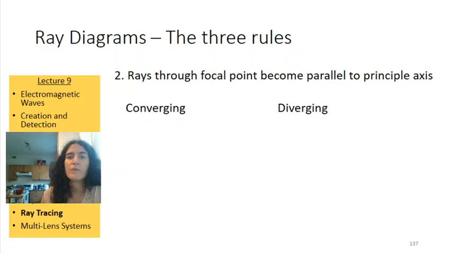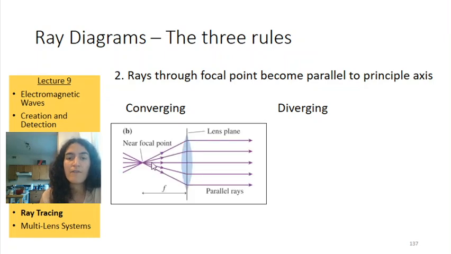Rule two: rays that pass through a focal point become parallel to the principal axis. If I have a light beam that goes through the focal point of this lens, then on the other side of the lens it would come out parallel.